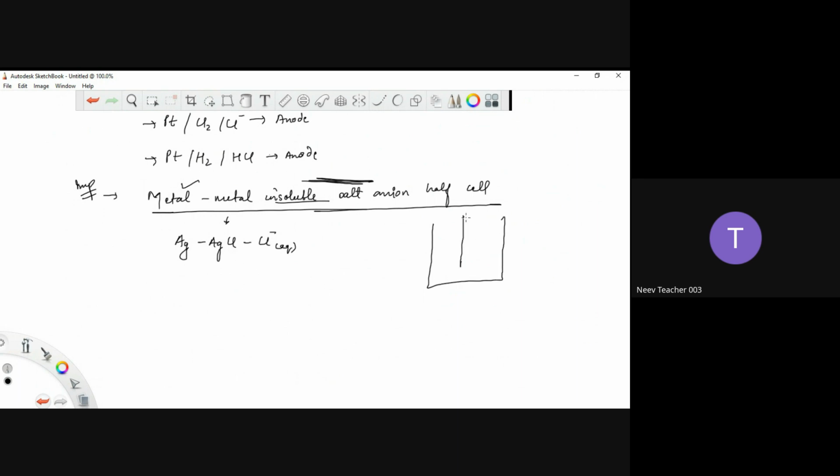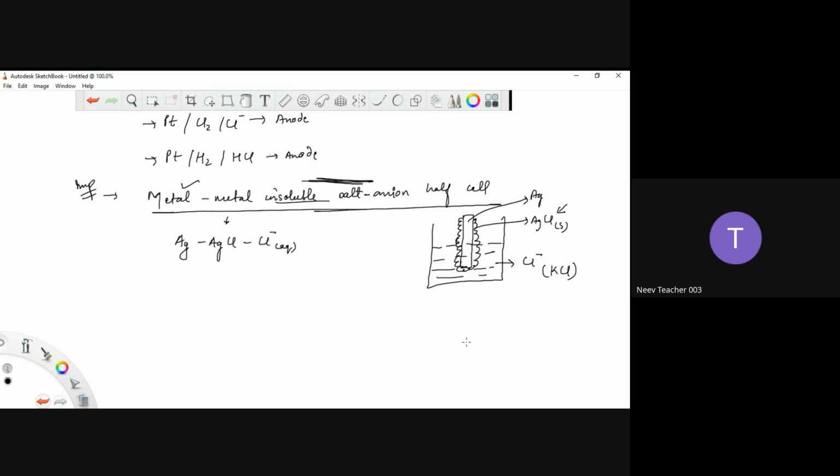First you take Ag as a metal electrode, and then there is a coating of the insoluble salt, AgCl. This is the Ag electrode, and it is dipped into an electrolyte which has a common anion. It can be any electrolyte, but it contains Cl minus, like KCl. Thus it forms a metal insoluble salt anion half cell. So metal, metal insoluble salt, anion half cell.